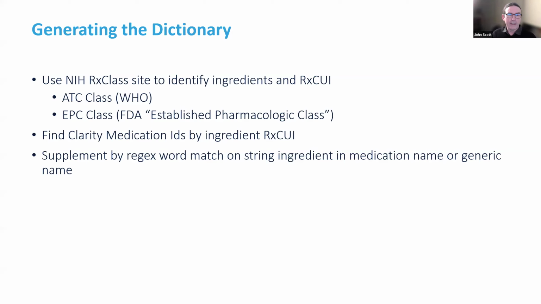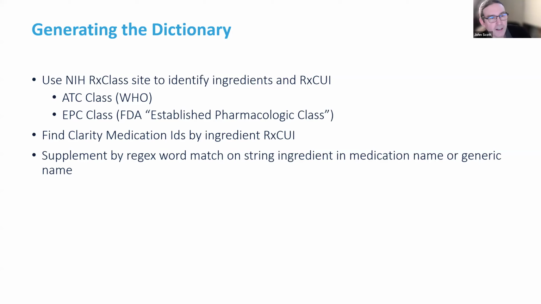To do this, we ask the PI to identify the ATC classes. These are the WHO classes, and the EPC classes. These are the FDA established pharmacological classes for these medications. We then use the API that's exposed by this site to pull all the ingredients and the RxCUIs. These are the ingredient RxNorm codes for the active ingredients that are used for those particular classes.